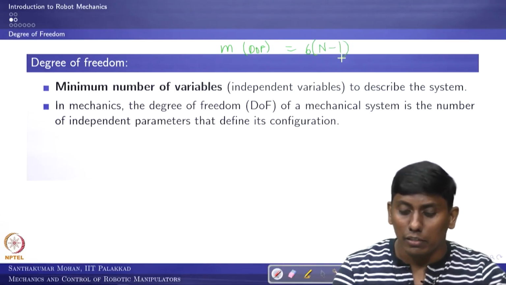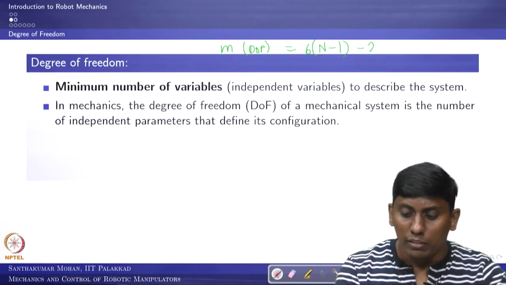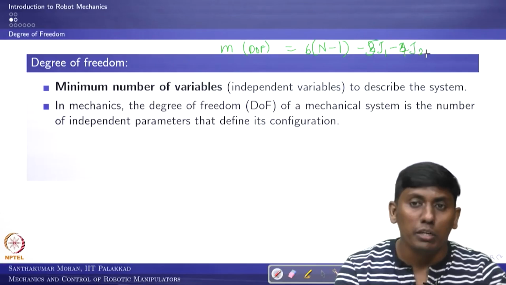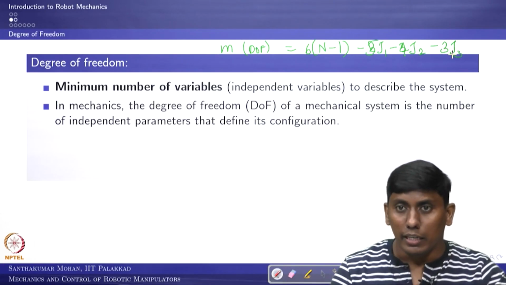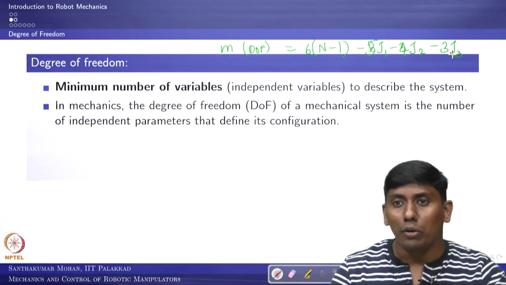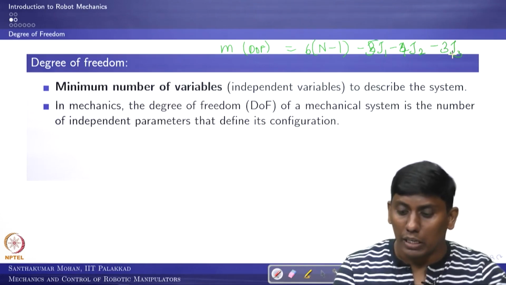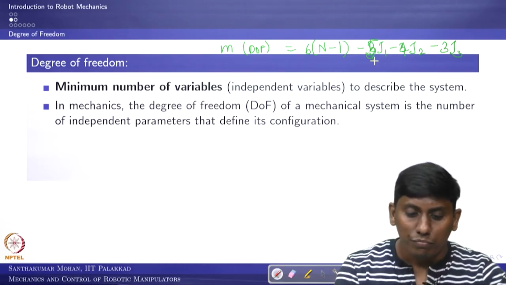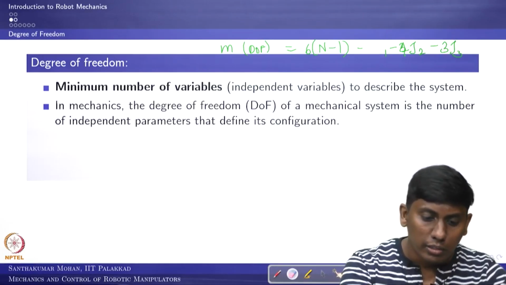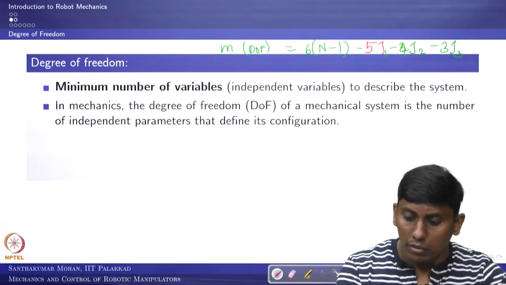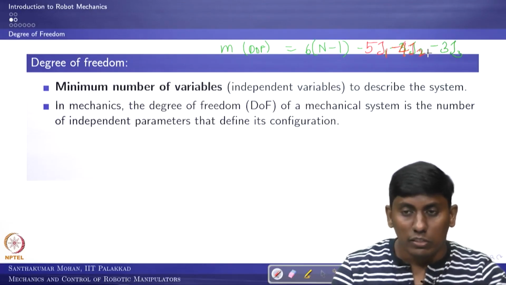So n is the number of bodies, J1 is the number of 1-degree-of-freedom joints, J2 is the number of 2-degrees-of-freedom joints, and J3 is the number of 3-degrees-of-freedom joints. In real there are no such 4-degree or 5-degree joints, so we can restrict this. So this is 6(n minus 1) minus 5 J1 minus 4 J2 minus 3 J3.